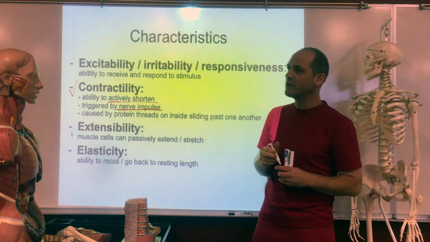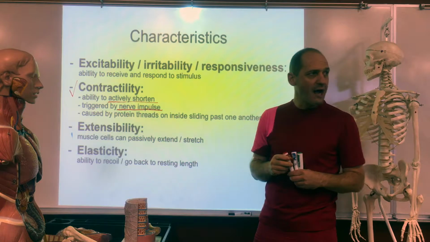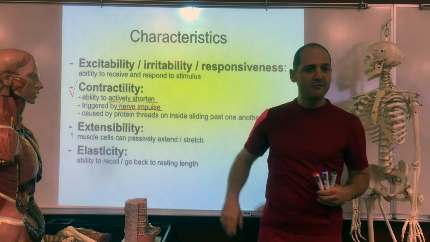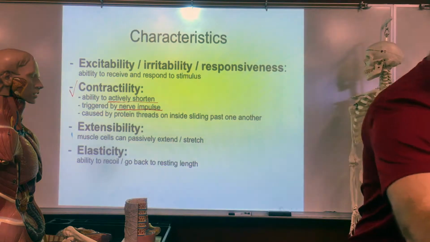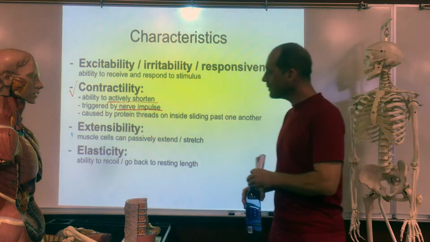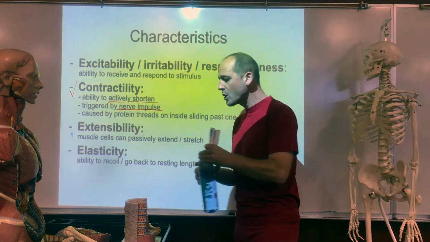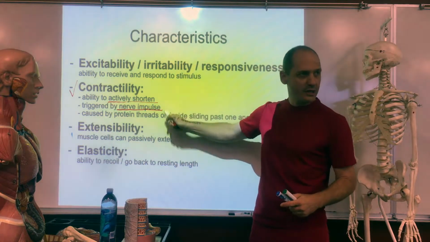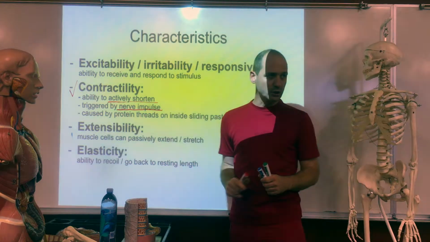We'll briefly talk about the other types too. We have three types of muscle in the body, and they all have to have some irritation, some ability to be triggered, to then cause a contraction. But without them being triggered, they do not contract.